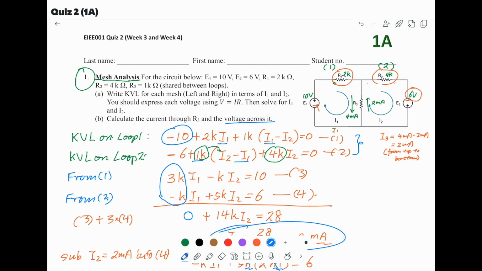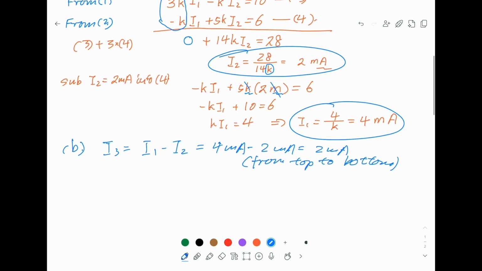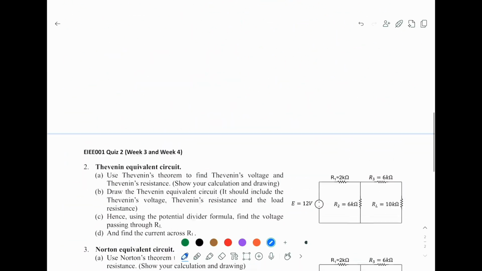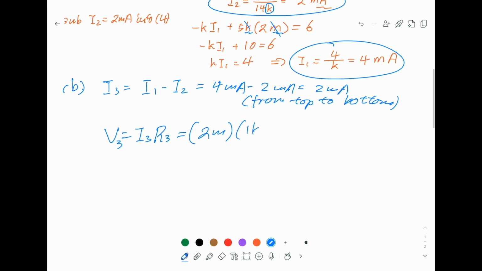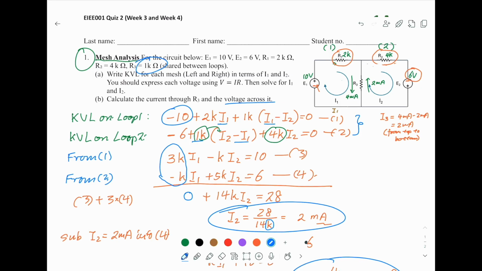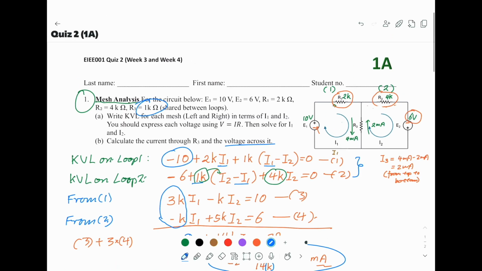And once you know the current, the voltage V is I3 times R3. So this is 2 milli, R3 is 1K ohm, so this is 2. Remember, you're doing voltage, so this is volt. So this is the answer for question number 1 of paper 1A.